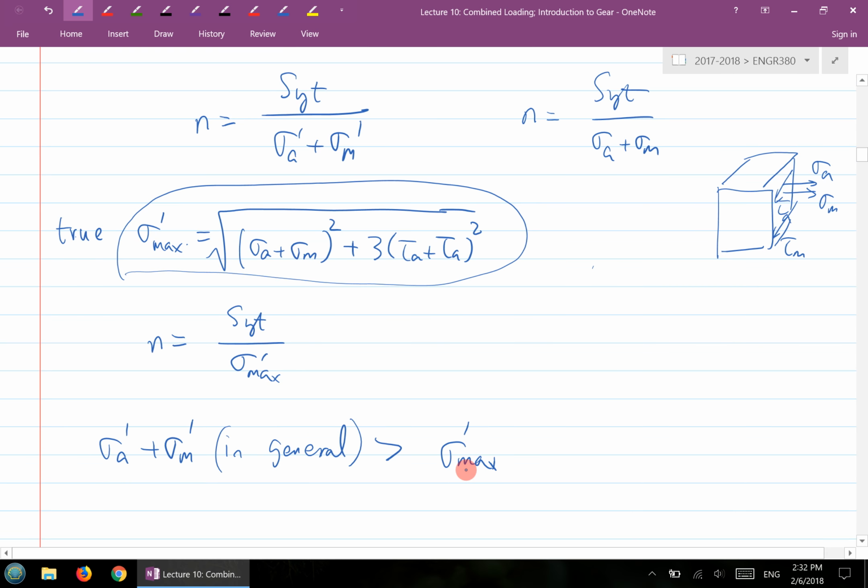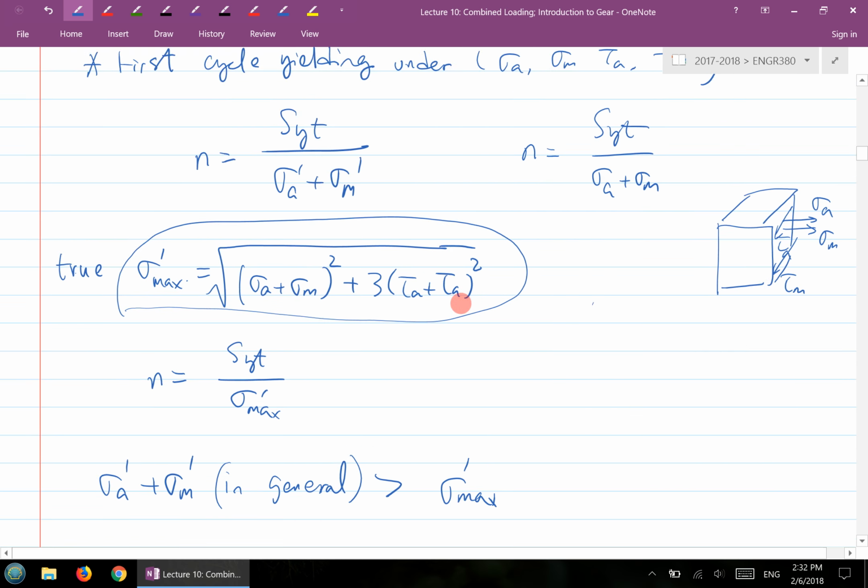Tau M. Yes. Very good. So you can calculate the true max, not a problem at all, and then you can use this one to get your safety factor. That's like a D theory. But in general, this formula here is more convenient than the calculation using that formula.